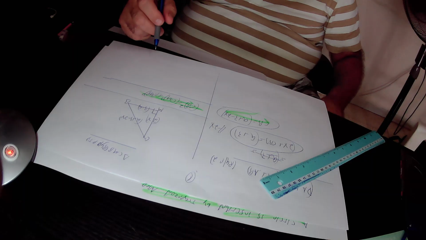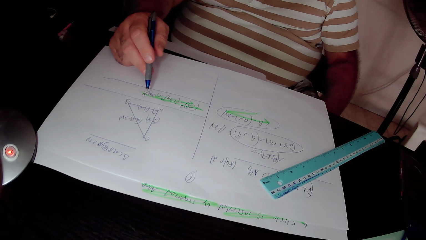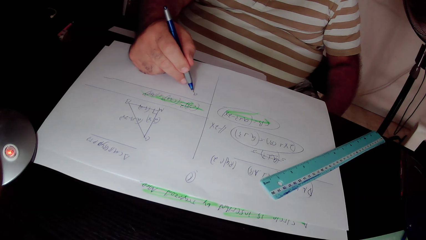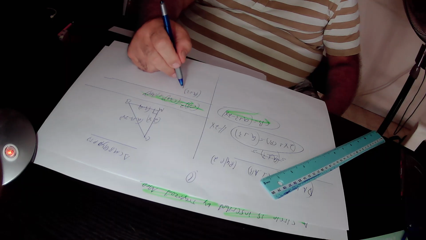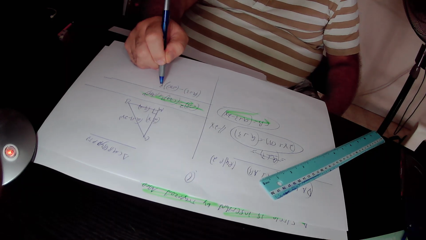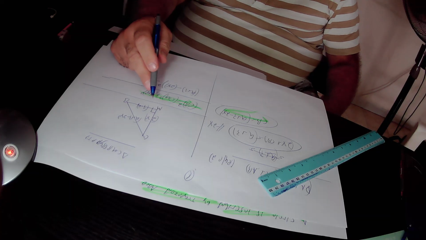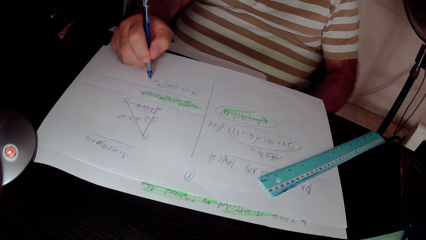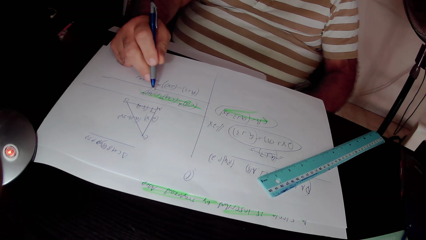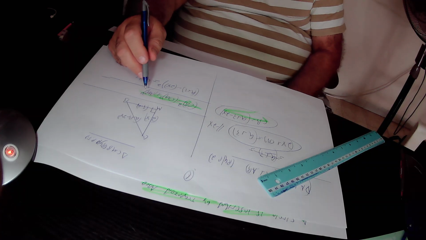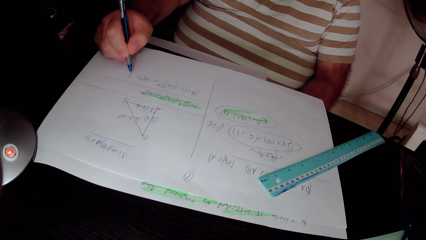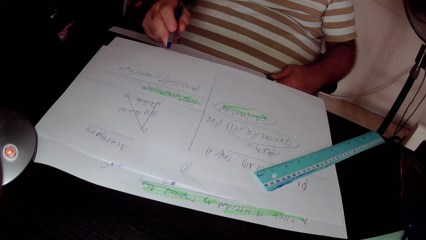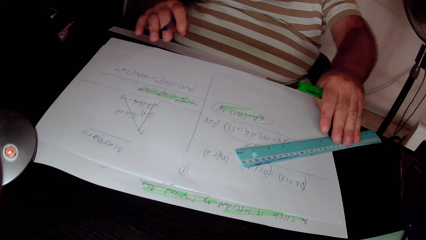CB equals a plus 3 minus 2x, therefore CB squared is (a plus 3 minus 2x) squared. And it equals CM squared. CM is 2x, therefore CM squared is (2x) squared, that is 4x squared, plus MB squared. MB is 3 minus a, therefore MB squared is (3 minus a) squared. So now we found that (a plus 3 minus 2x) squared equals 4x squared plus (3 minus a) squared.